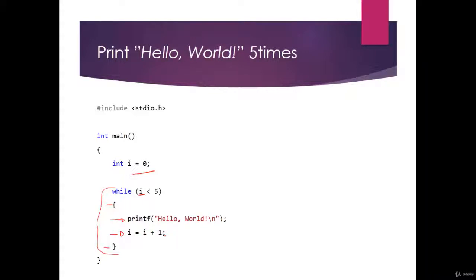After executing all the statements in the loop body, the computer goes back to while and the given condition is checked again, and the loop is executed again if the condition holds true. The process repeats as long as the condition remains true, which means variable i has a value less than 5.